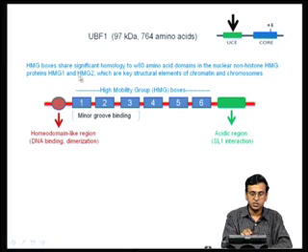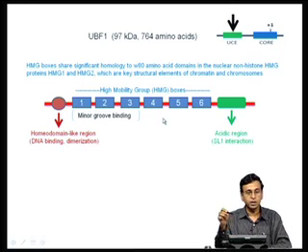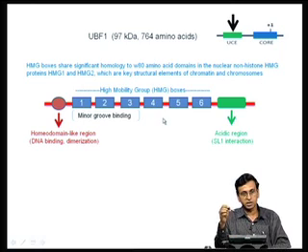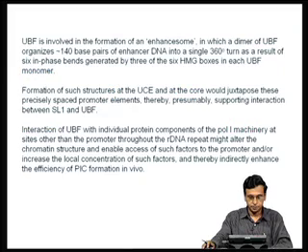These HMG boxes share significant homology to the 80 amino acid domains on the nuclear non-histone HMG proteins HMG1 and HMG2, which are key structural elements in chromatin and chromosomes. So, these HMG boxes contain homology to proteins involved in chromatin structure and chromatin modulation.